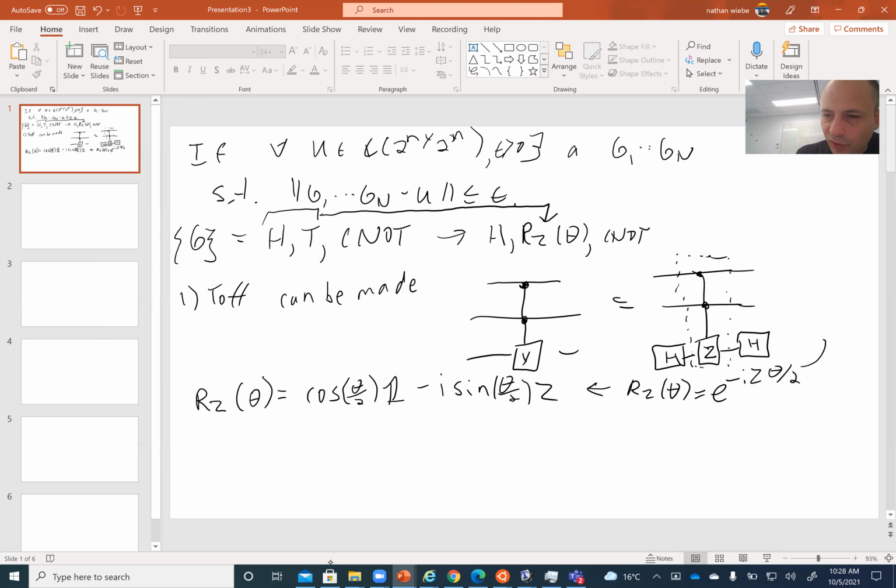Then when you Taylor expand this and use the property that Z squared is equal to identity, we end up finding, after collecting the terms, the expression on the left, as we've seen many times so far.